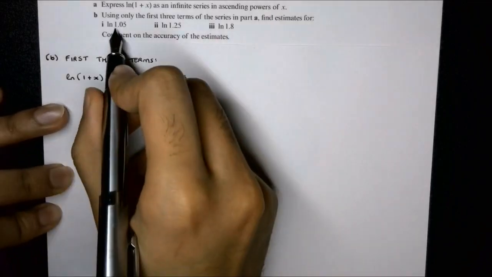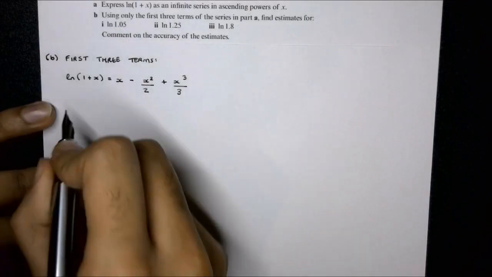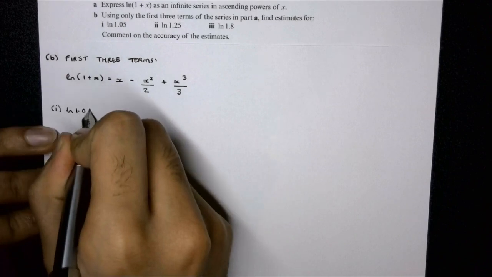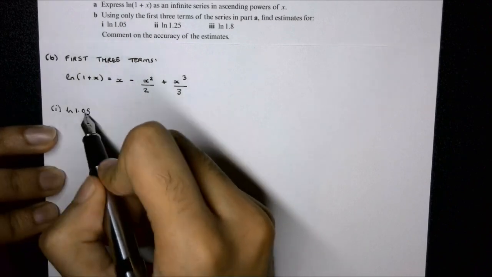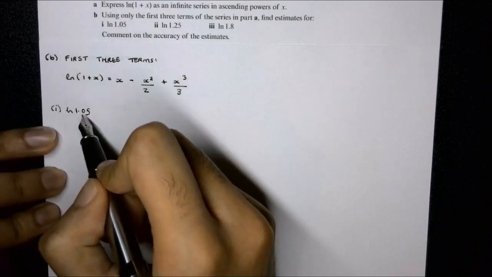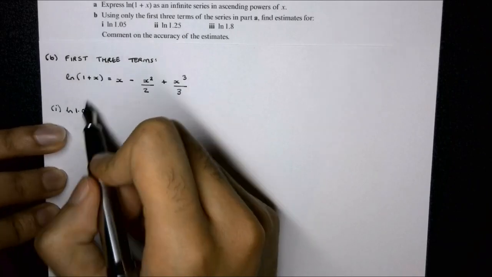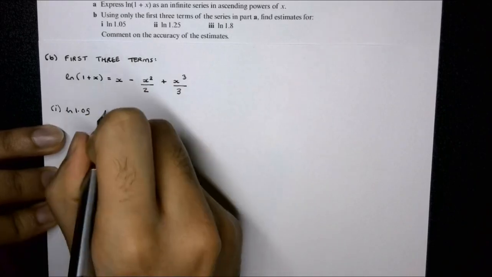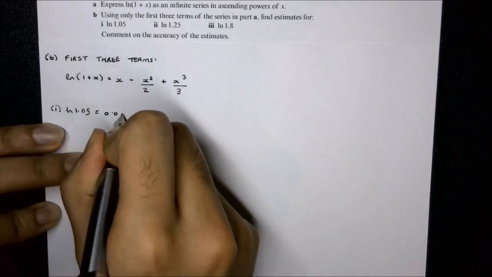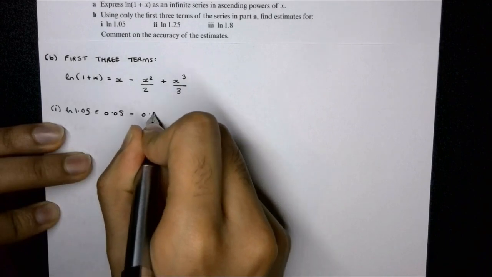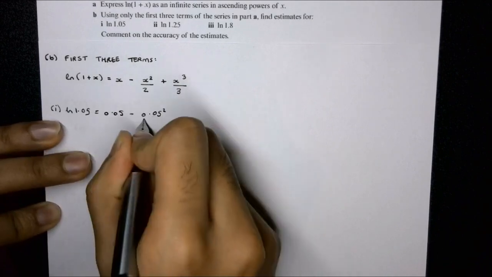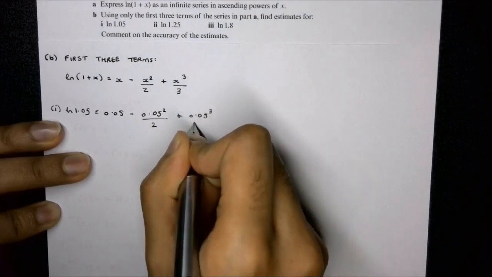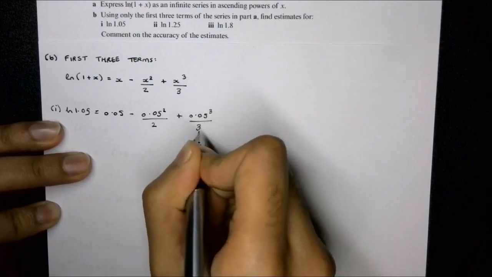Now, if we work out the natural log of, for the first part, 1.05, clearly you can see if we compare the 1 plus x with the 1.05, of course x is equal to 0.05. So this is equal to 0.05 minus 0.05 squared over 2 plus 0.05 cubed over 3.